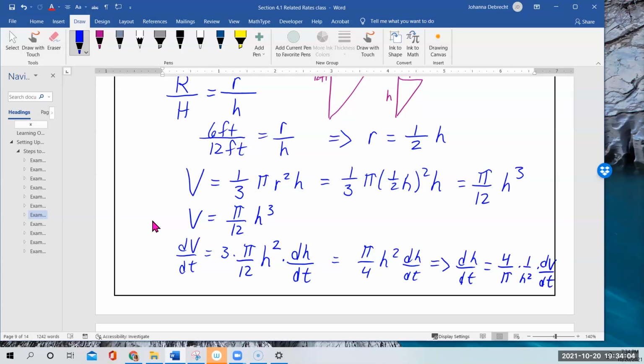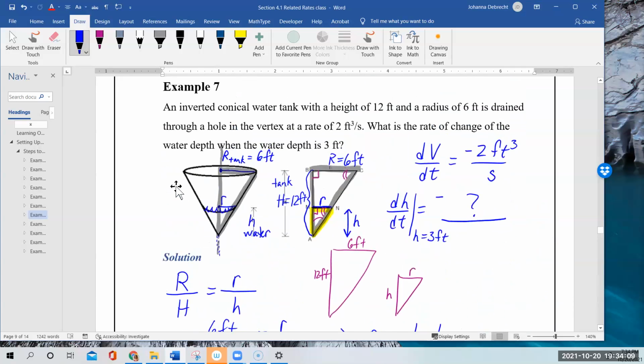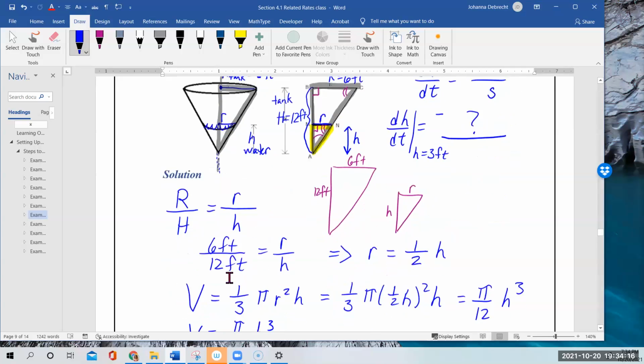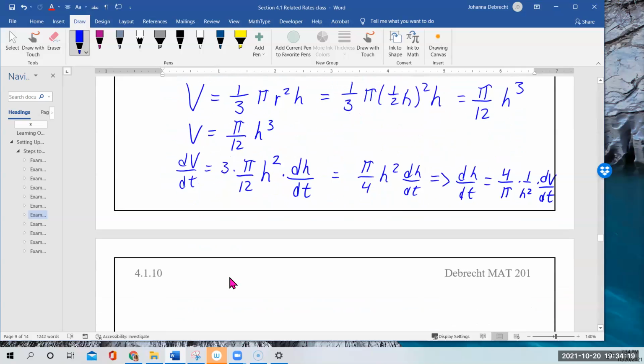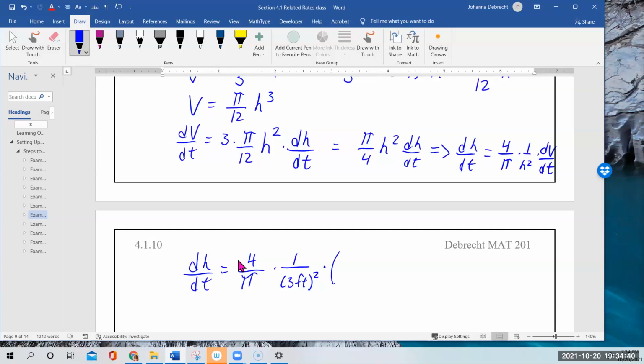Now I know that I'm looking for this particular value when the height is 3 feet and dV/dt is -2 cubic feet per second. This gives me the following formula: dh/dt is equal to 4 over pi, the reciprocal of pi over 4, times 1 over (3 feet) quantity squared, times my volume rate, -2 cubic feet per second.